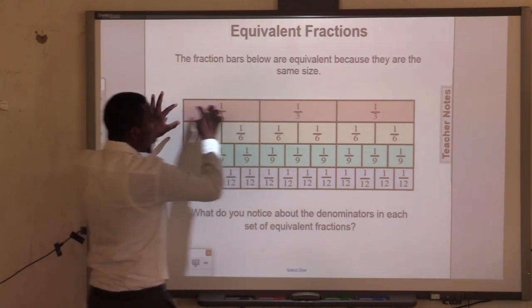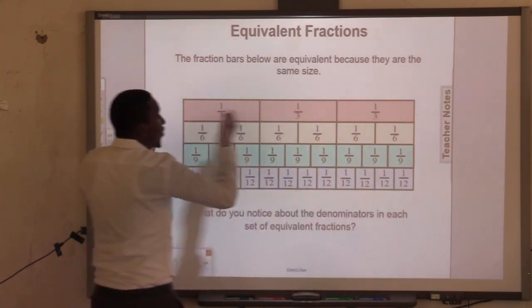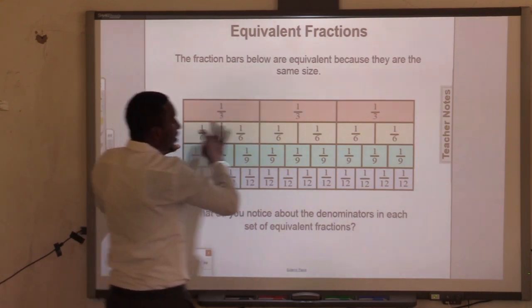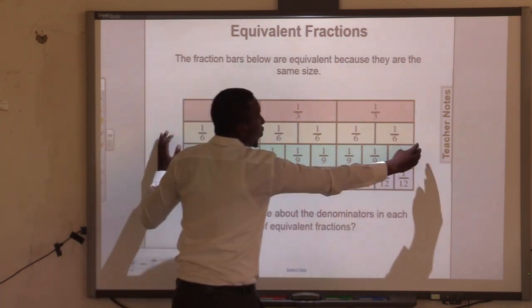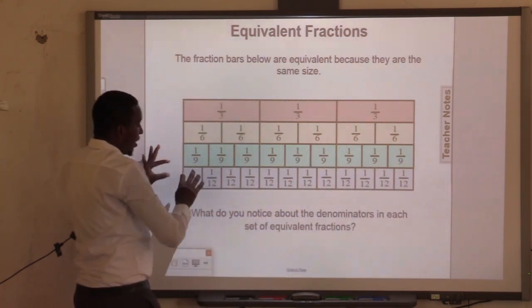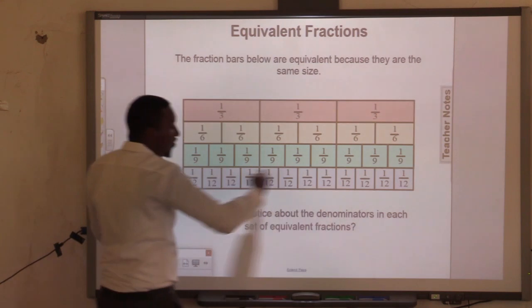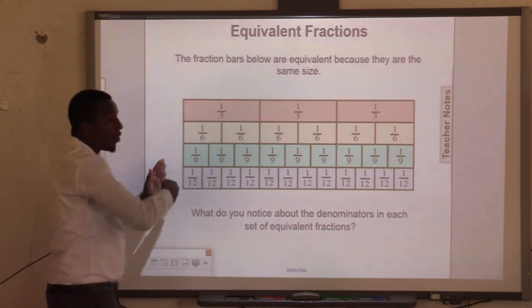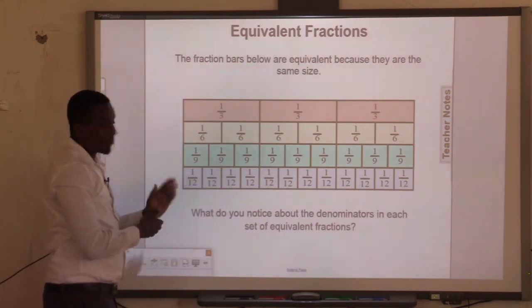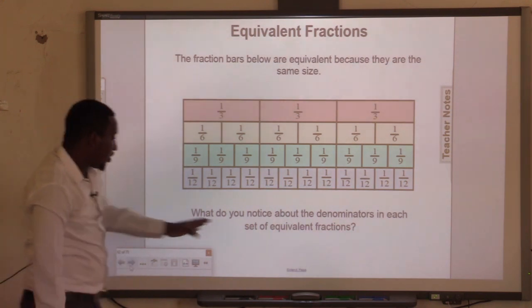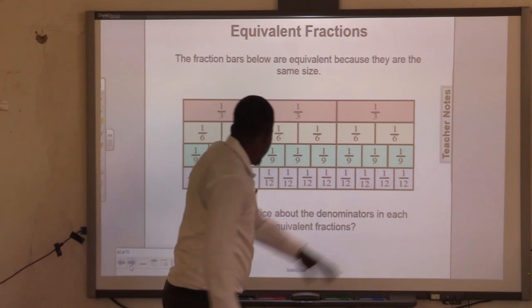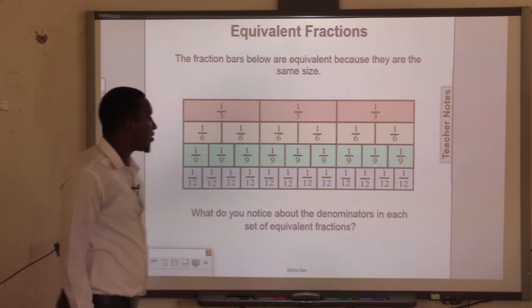If you look at the first whole here, it's divided into 3 equal parts. If you look at the second whole, it's divided into 6 equal parts. The third whole is divided into 9 equal parts. And the fourth one is divided into 12 equal parts. But all the wholes are equal. Again, we are asked, what do you notice about the denominators in each set of equivalents?